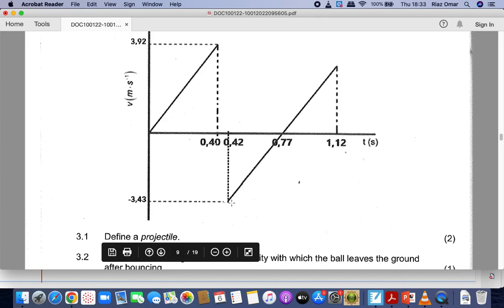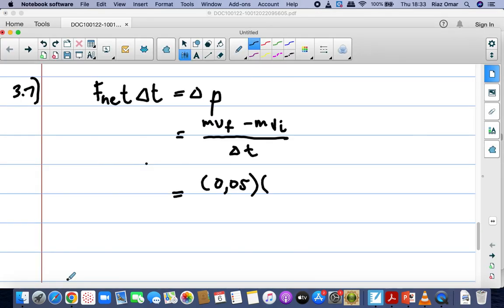It hits the floor at 3,92. It's 0,02 seconds in contact with the floor, and it leaves the floor at minus 3,43. So those are the points that we'll have to put in.